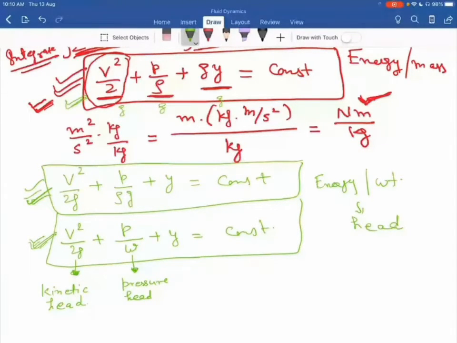Similarly, the third term is the potential energy per unit weight, and we call it elevation head. The other names, you can note down, are position head and potential head.